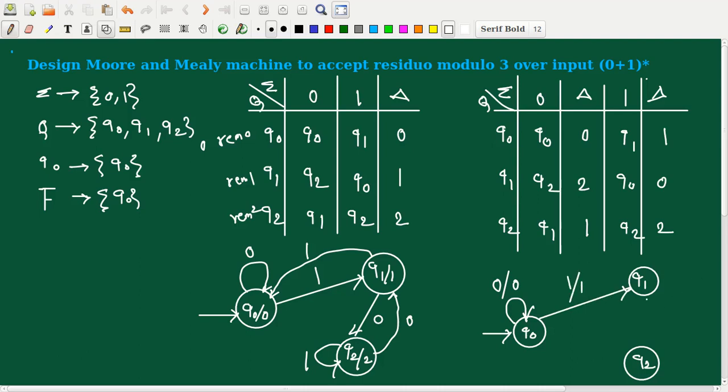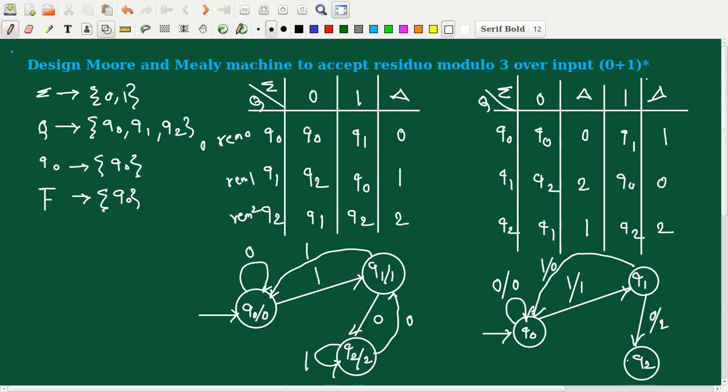Then Q1 with input 0 is going to Q2, and the output associated with that will be 2. Then Q1 with input 1 is going to Q0, and the output associated with it will be 0.